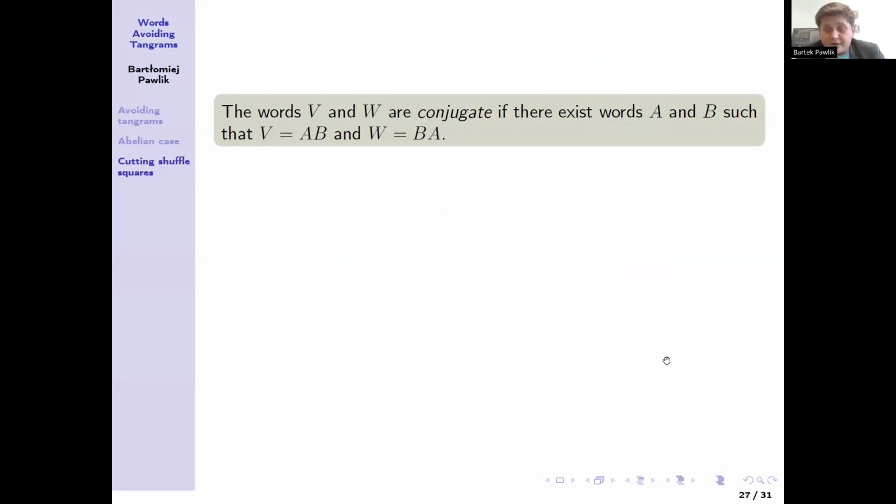And I want to present one more conjecture here. We say that words are conjugate if there exist words A and B such that we can take from the word V the prefix A and put it at the end, and then we have the word B. So they represent the same circular word.